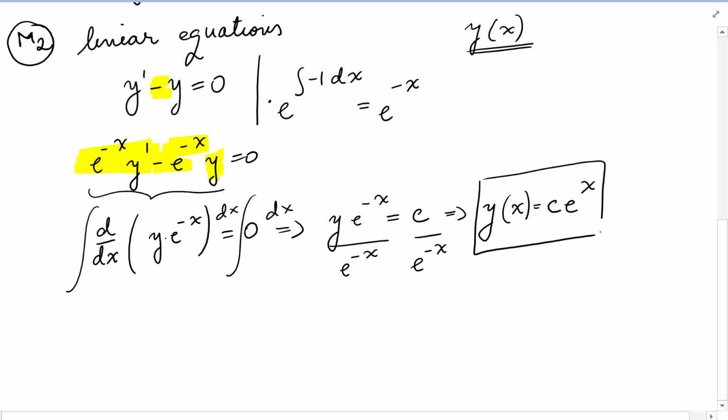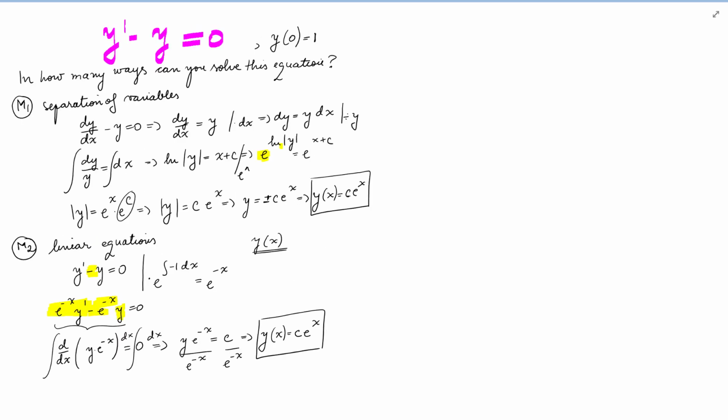So we got the same solution as before, right? We also have an initial condition, so I should have done that as well. So y of 0 is given to be 1. That means c equals 1, so y of x is actually e to x, the final answer.